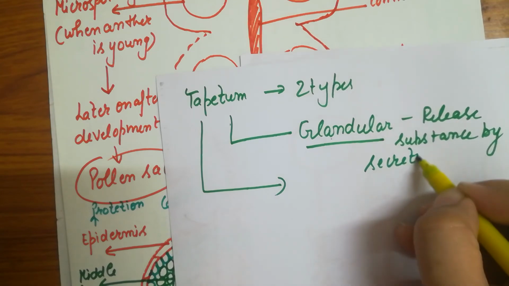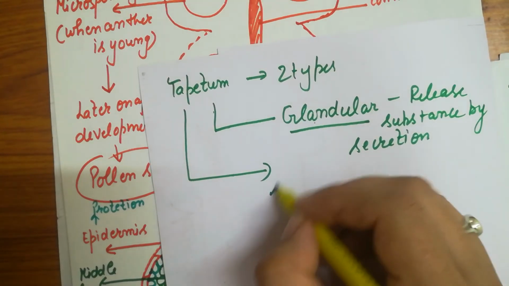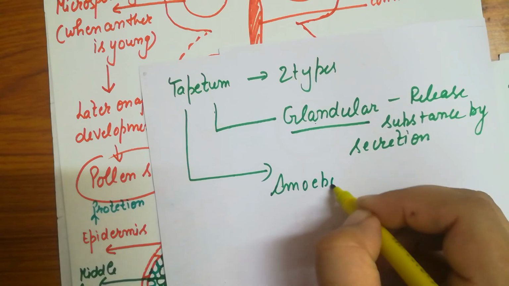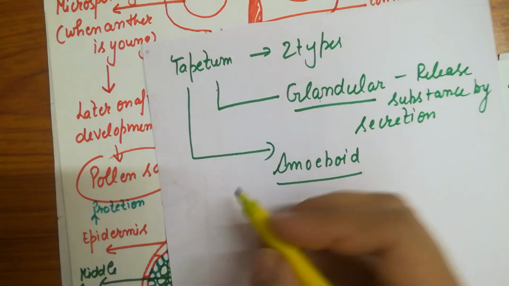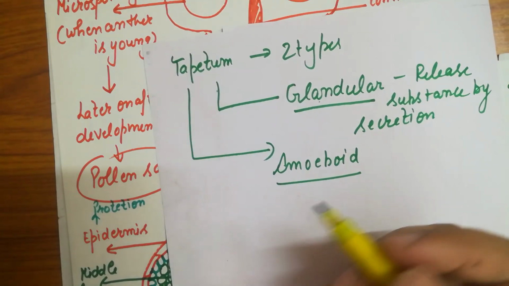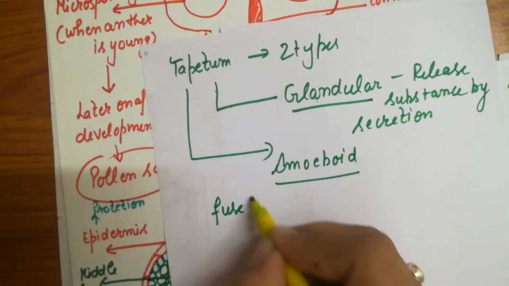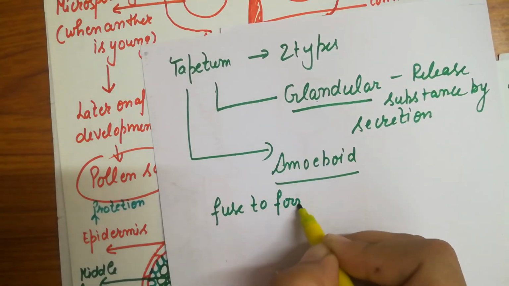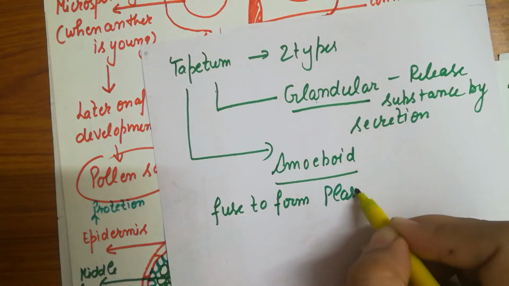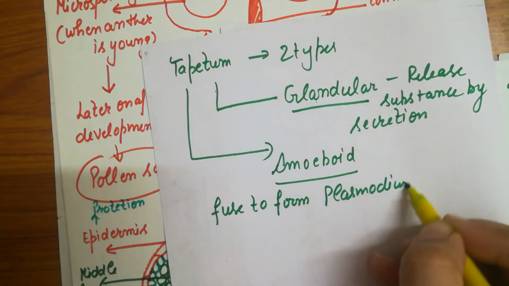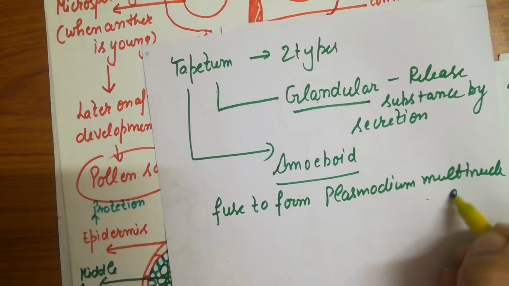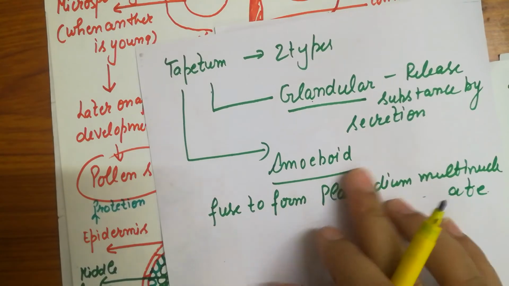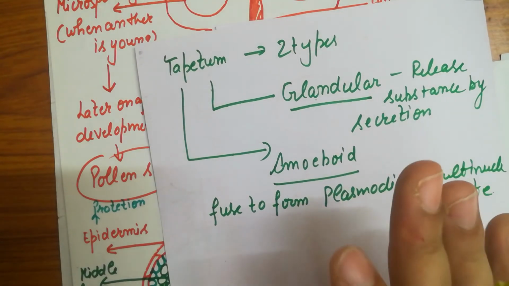So that is called glandular tapetum. The other one is amoeboid. Amoeboid, what is that? It helps in locomotion? Yes. Amoeboid means the cells fuse to form a plasmodium-like multinucleate condition. That kind of tapetum is known as amoeboid.